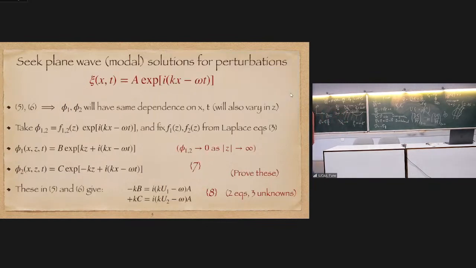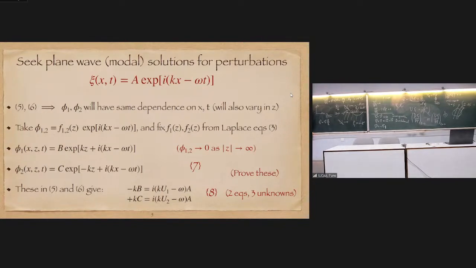Okay. Then it's a stratified system, is it? But in x and time, I can seek a modal solution, a so-called plane wave solution. So this is again like a Fourier decomposition. I can seek a solution for the displacement which is sinusoidal in x and time.